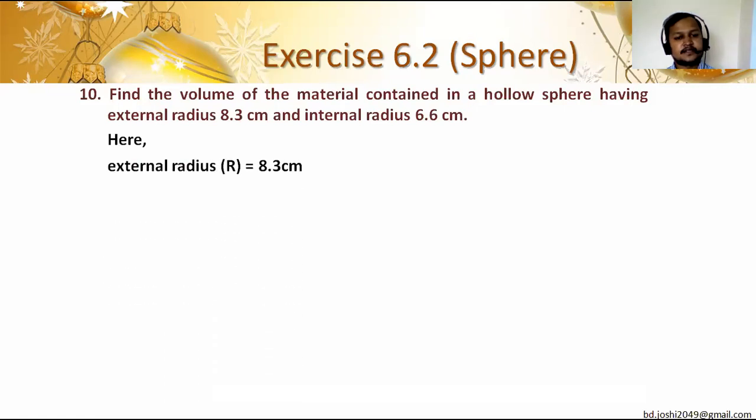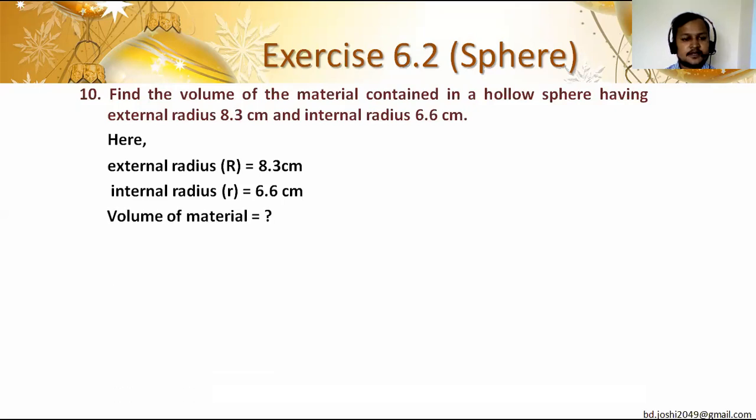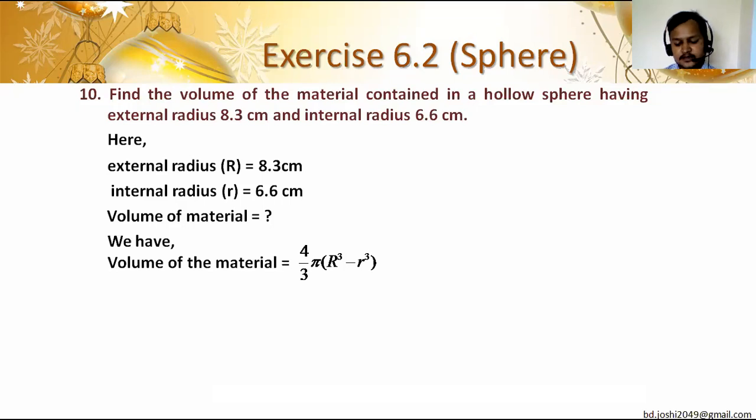External radius is denoted by capital R, internal radius is denoted by small r. And we have to find out the volume of material, and we know the formula. Volume of material is equal to 4/3 pi times capital R cube minus small r cube. So put all values. 4/3, pi is 22/7, capital R cube 8.3 cube, small r cube means 6.6 cube.